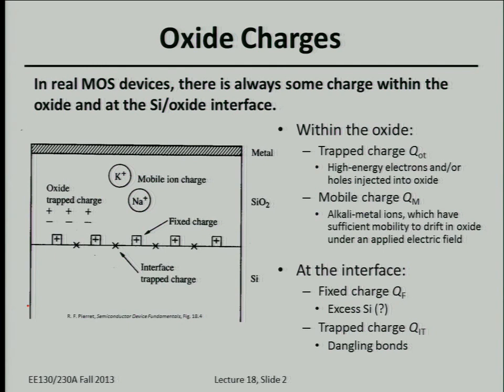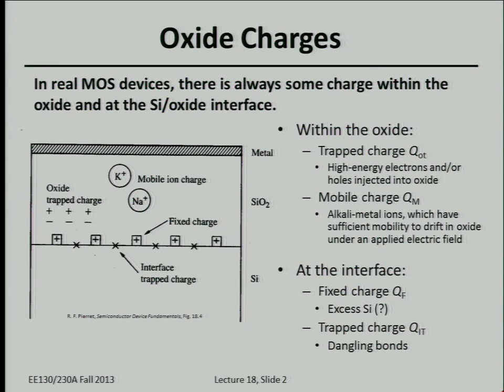Also, inherently, with the silicon dioxide system, there's always going to be some net positive charge right at the interface. And that also affects the threshold voltage of your MOS device. Okay, so just to summarize, we're going to go through every one of these. There's going to be one slide on each of these 4 types of charge. You can have mobile charge moving around within the oxide.